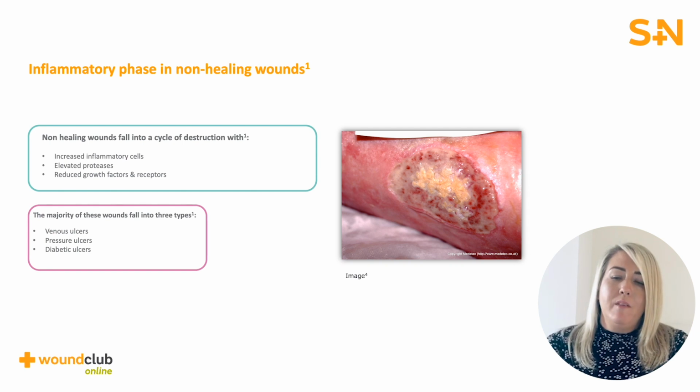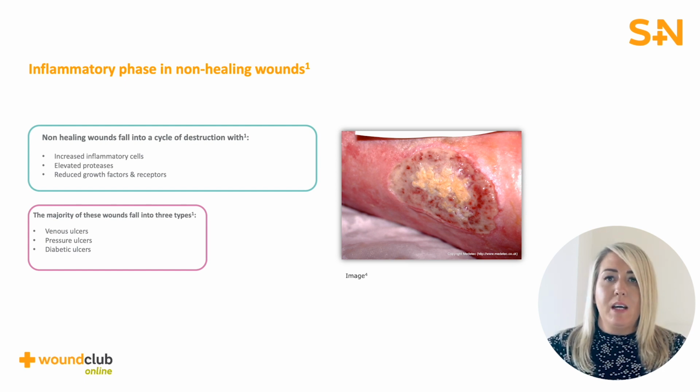In the instance where a wound is not progressing along the normal healing trajectory, wounds will usually be stuck in the inflammatory phase. This creates an increase in inflammatory cells and proteases, in addition to reduced growth factors and receptors that are vital for tissue repair and regeneration.